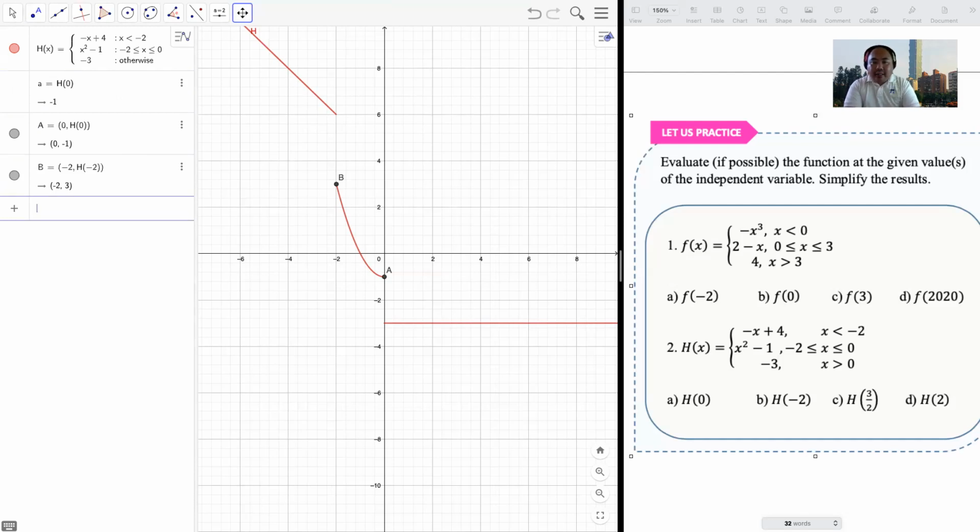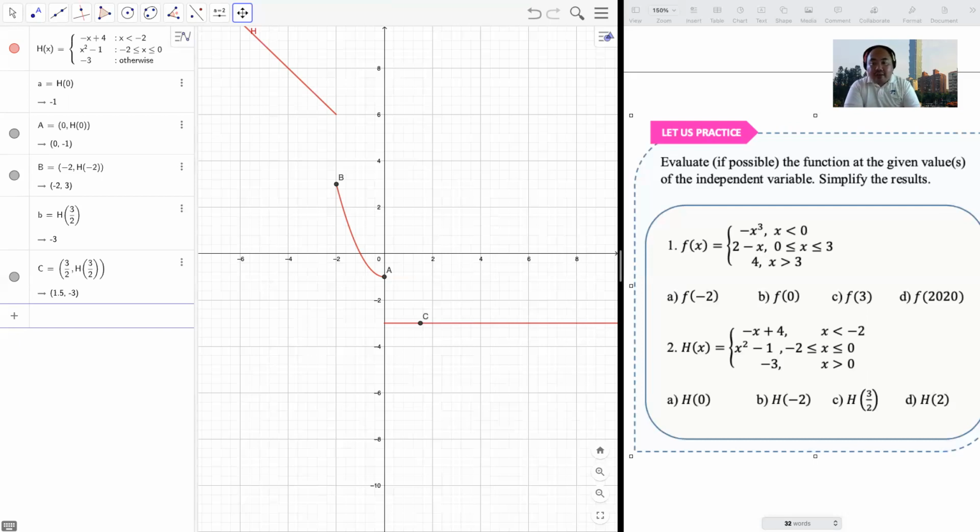How about 3 halves? So h of 3 halves. Okay, that's negative 3. Or if you want to see that in the graph, then you just write 3 halves, h of 3 halves. Okay, and you will see that it is indeed at negative 3.